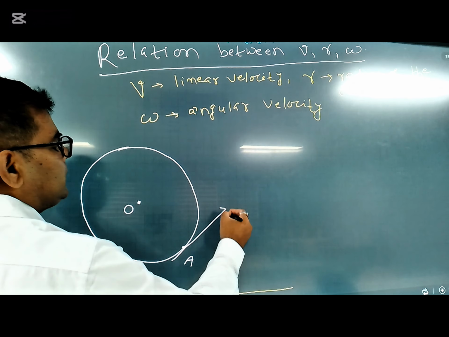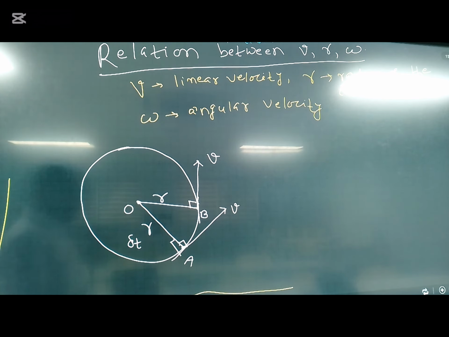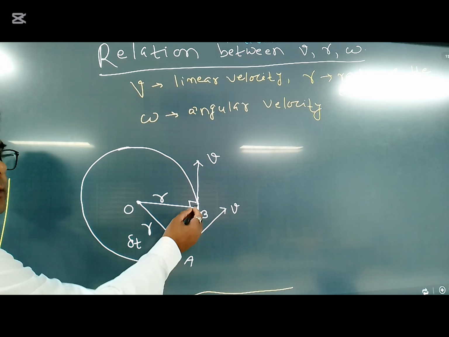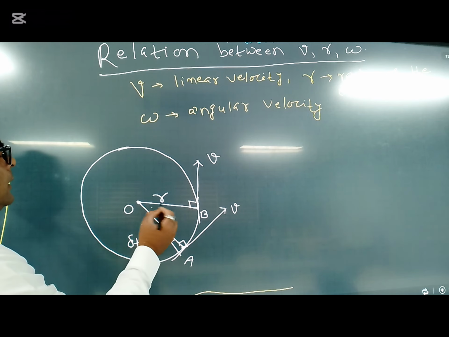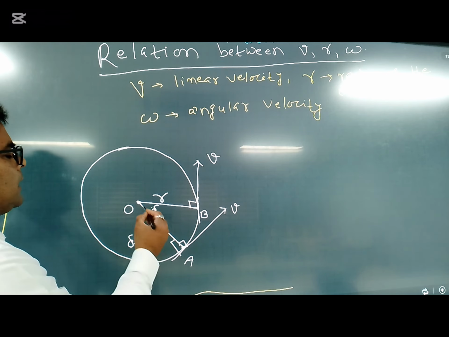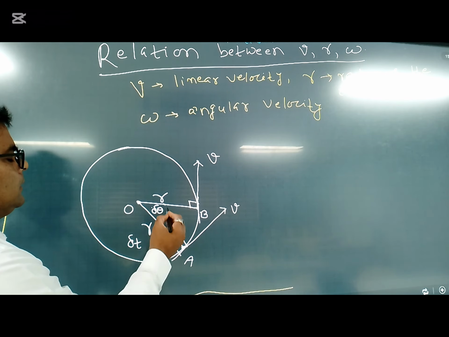This is again a radius, and from geometry the tangent and radius are perpendicular at point B. While changing position from A to B, suppose the angle subtended at the center is delta theta. So let's first come to the linear velocity.